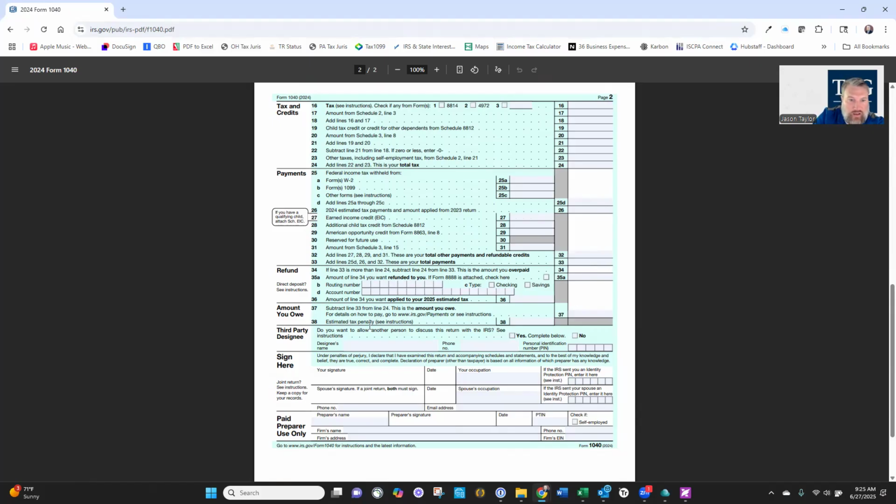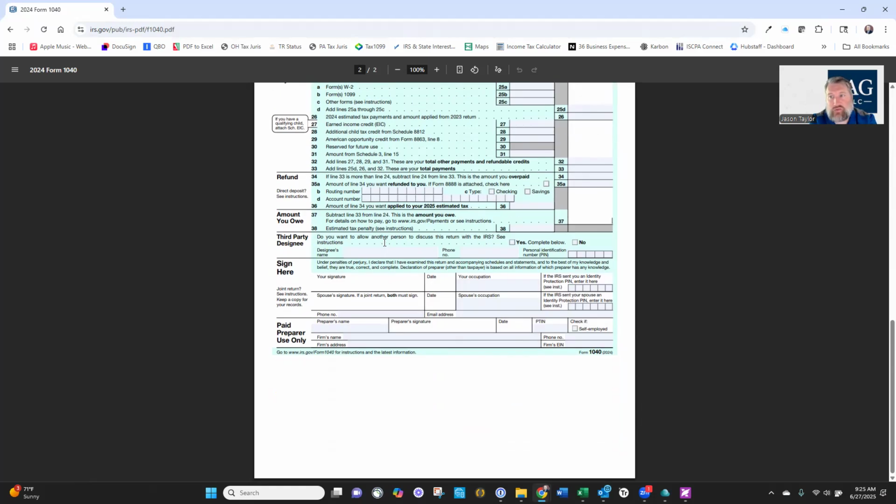So the biggest lines are line 11, line 34 for a refund, and then line 37, how much you actually owe. So those are the three big lines. Line 11 for adjusted gross income, 34 if you're getting a refund, and 37 if you owe. That's pretty much the whole tax form.